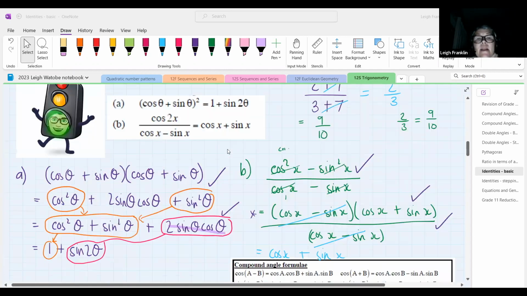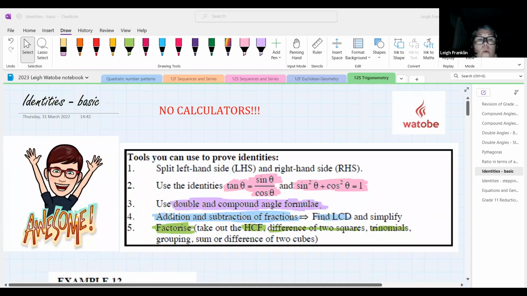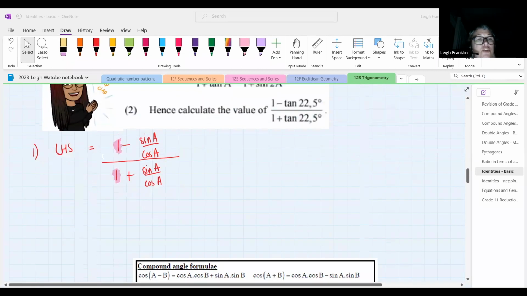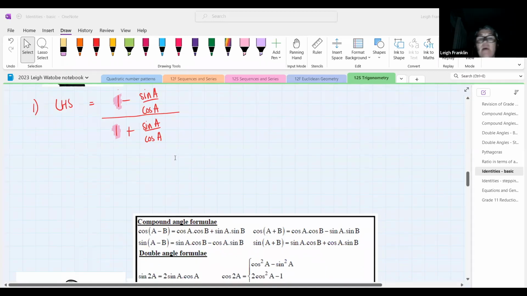Now, remember at the beginning, we spoke about how when we are adding and subtracting fractions, we have to find a lowest common denominator. So essentially what you've got here is you're now working with a fraction, because tan A is sine A over cos A. If I wanted to make 1 into an equivalent fraction with the same denominator, how can I rewrite 1?